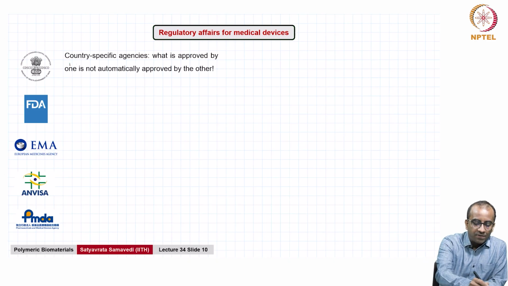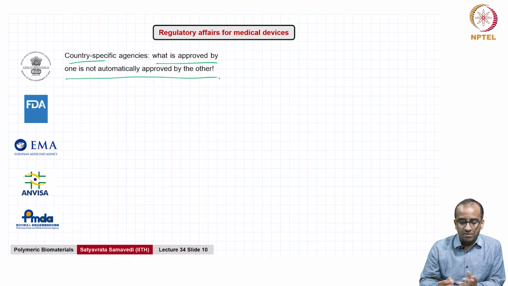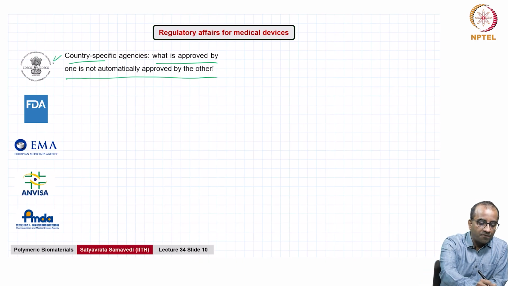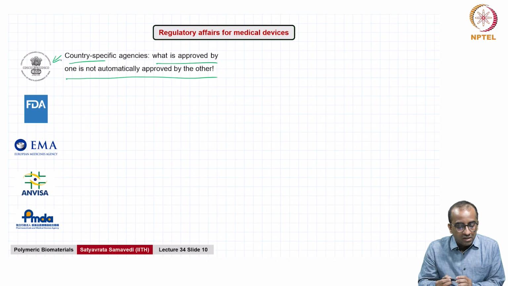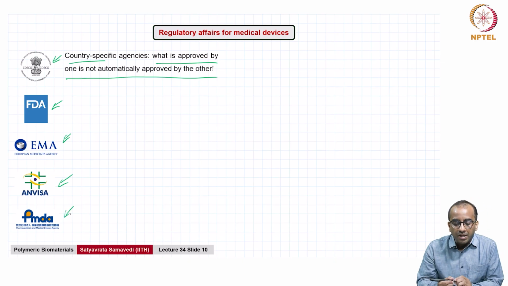It's country specific, and what is approved by one is not automatically approved by the other. So, shown here are examples of agencies in different countries: the CDSCO in India, FDA in the US, EMA in Europe. Then you have similar agencies for Brazil, Japan, etc.